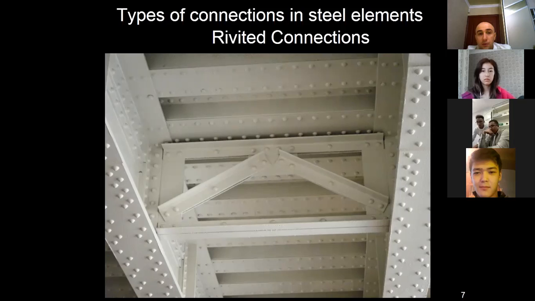Rivets have a really long history as a connecting medium for steel connections, because they are made up of a head and a ductile body, the shank.